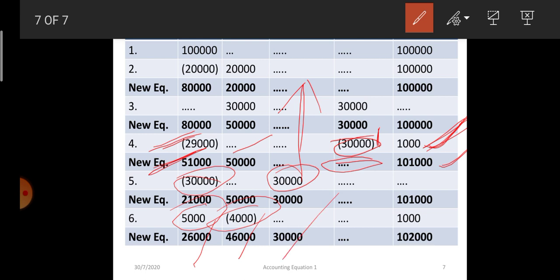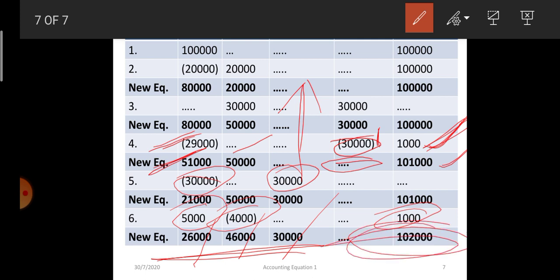Machinery is unchanged and capital will increase by 1,000, which is profit. Whenever there is profit it will be added to the capital account. Whenever there is loss it will be deducted from the capital account. Now check the total of the asset side: 26 plus 46 plus 30,000 is 1,02,000 rupees, and the liability side total is also 1,02,000. So in all the transactions the accounting equation stands true, that is, assets are always equal to the total of capital plus liability.